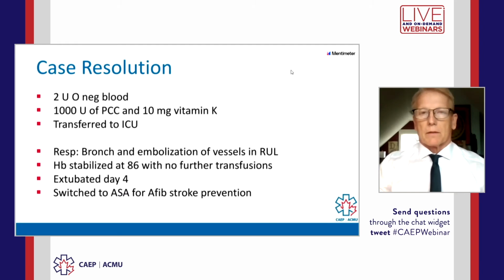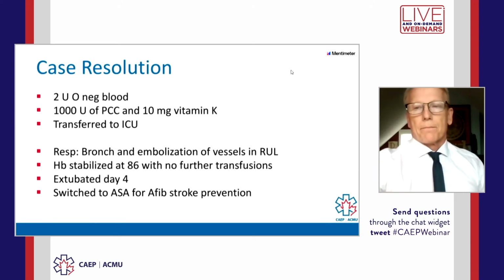He was biopsied as well, and he was negative for active TB. His hemoglobin stabilized at 86 with no further transfusions after the first 2 units. He was extubated day 4, and he was switched to ASA for AFib stroke prevention after that.